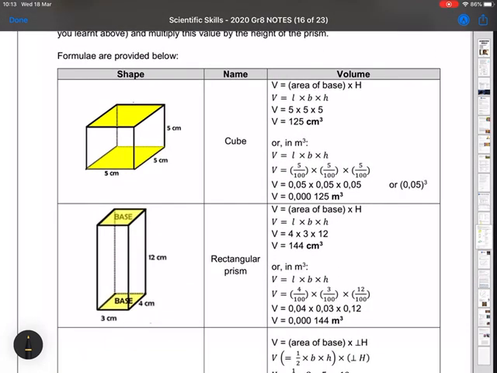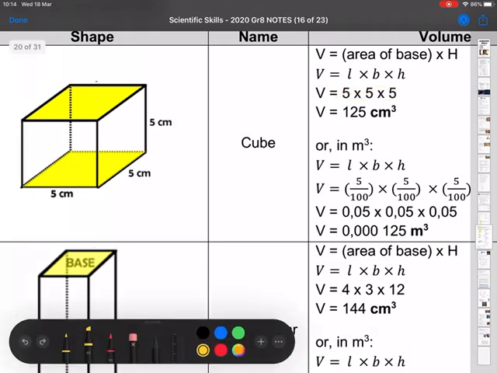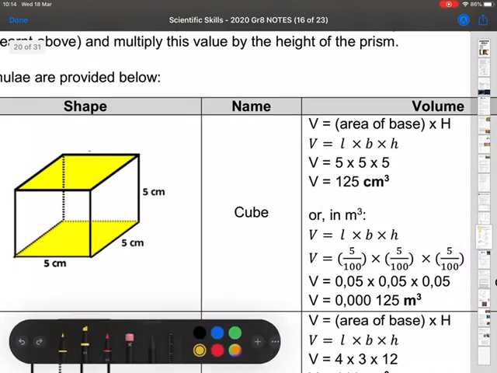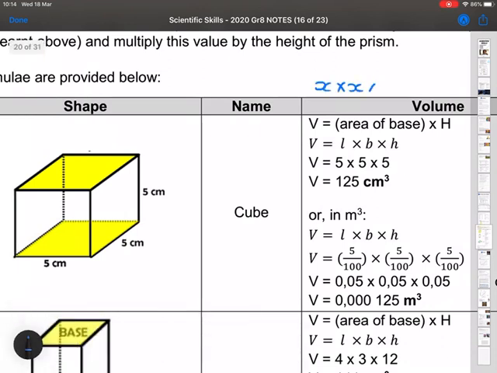So the formula for volume of a cube would just be length times breadth times height. Okay, and if I gave you a shape that was 5 centimeters by 5 centimeters by 5 centimeters, you would just go 5 times 5 times 5. And obviously 5 times 5 times 5 is 125. And just like in maths, if you had x times x times x, you would get x to the power of 3, or x cubed.